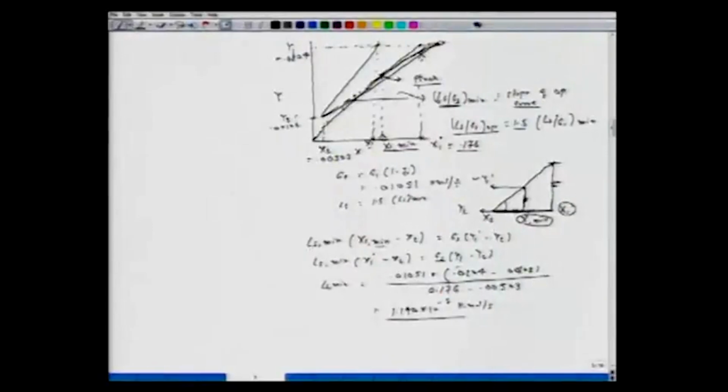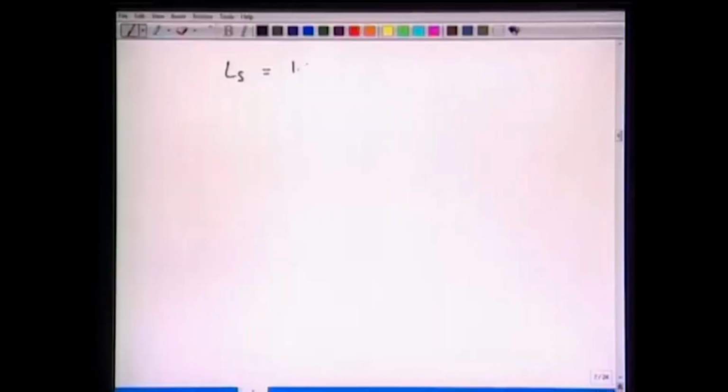We can calculate Ls operating, which is 1.5 times Ls min, which is 1.5 times 1.190 times 10 to the power minus 3, equals 1.787 times 10 to the power minus 3 kilomole per second.